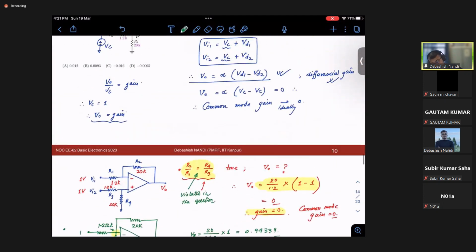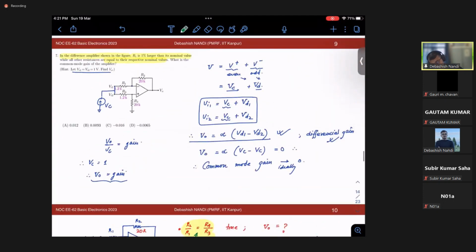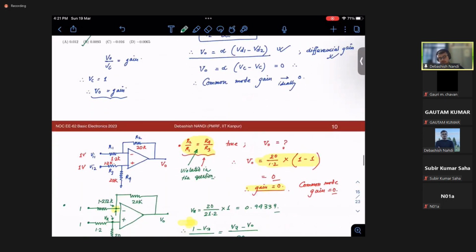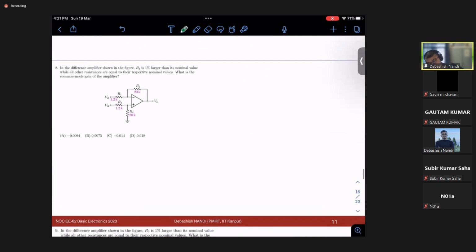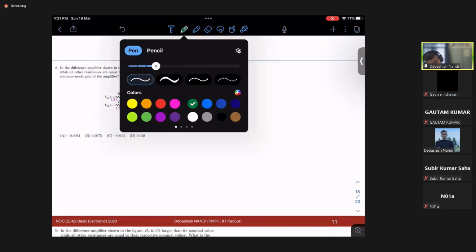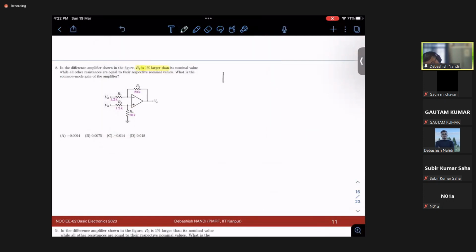So moving on to the next problem. Again, the same circuit is given. Now they have mentioned that your R2 is larger, right? So again, I will redraw the circuit. Here I am applying 1 volt.